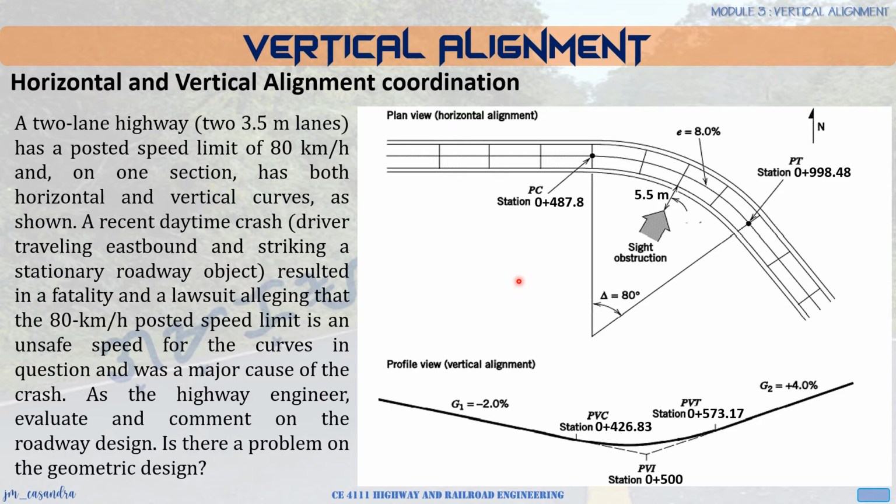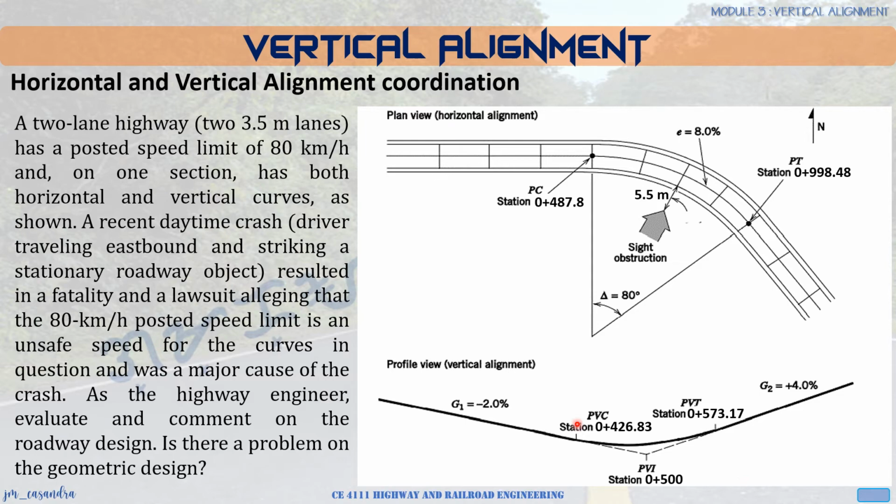So this is a two-lane highway with lane width at 3.5 meters and a posted limit of 80 kilometers per hour. And on one section, it has both a horizontal and vertical curve. So this section is composed of both horizontal and vertical sections.